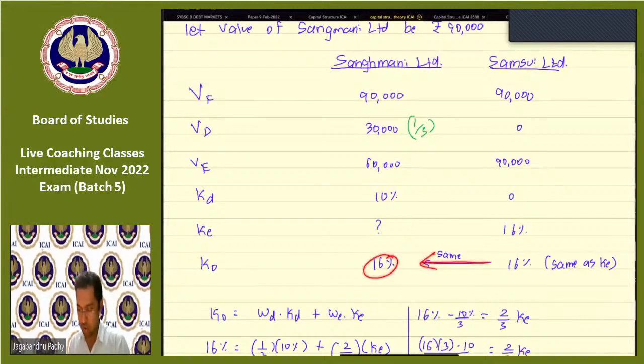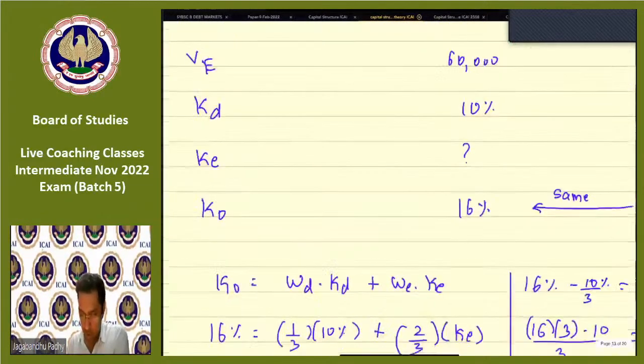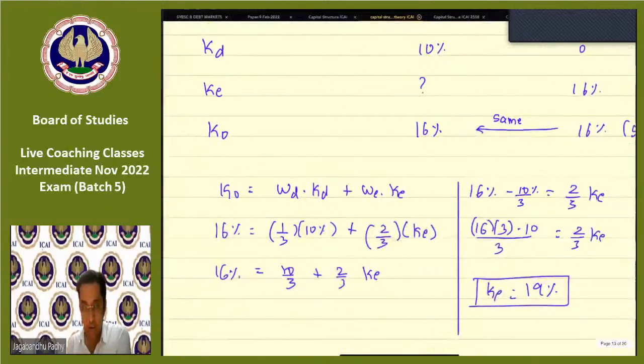So KO is going to remain the same, 16%, because in the net operating income approach, in which we don't have any tax rate applicable, the overall value of the firm and the overall cost of capital remain one and the same. So we get this as 16%. Now this 16% should be the KO, and KO is value of debt into cost of debt plus value of equity into cost of equity.